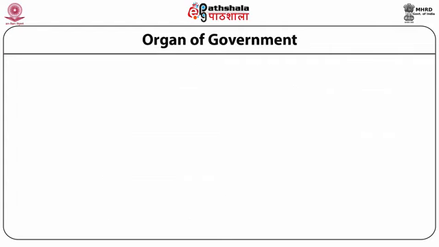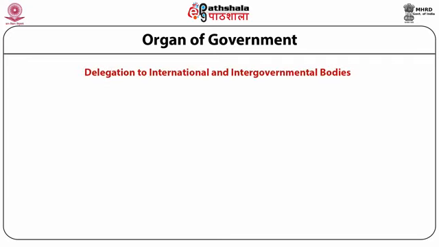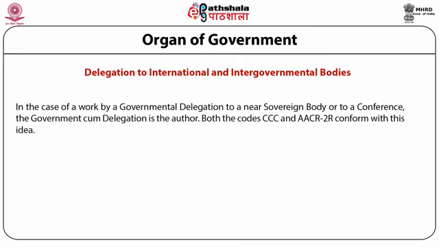In the case of a work by a governmental delegation to international and intergovernmental bodies, or to a conference, the government concerned is to be the author. Both the codes CCC and AACR 2R conform to this idea.